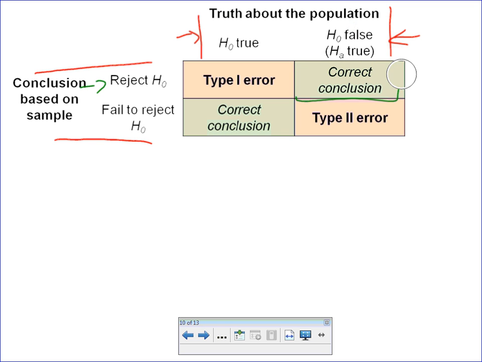But there is a chance that H naught is true and we reject it. And the chance of that happening is actually our alpha level. If we set our alpha level at 0.05, then there is a 5% chance that we can make what's known as a type 1 error.